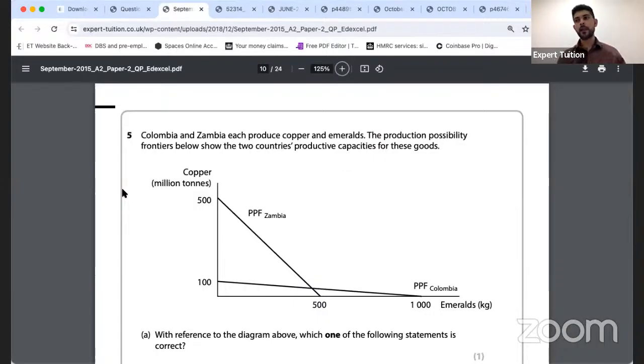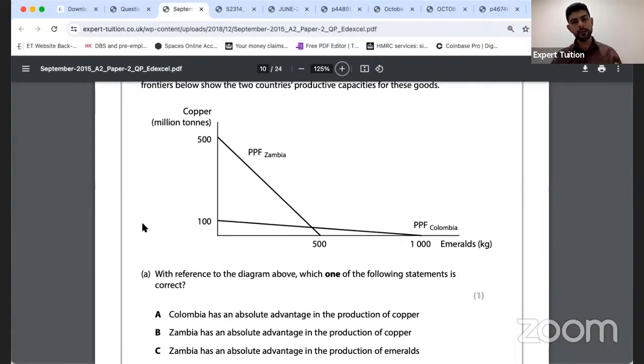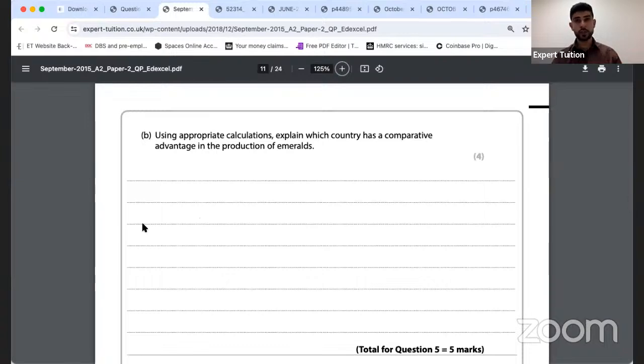It shows 2 countries, Zambia and Colombia. Part A you should find very straightforward. Then you do part B: using appropriate calculations, explain which country has a comparative advantage in the production of emeralds. If you lay out your working in the following way, like I did, you will get that right. Compare it to the mark scheme, and you'll smash it.